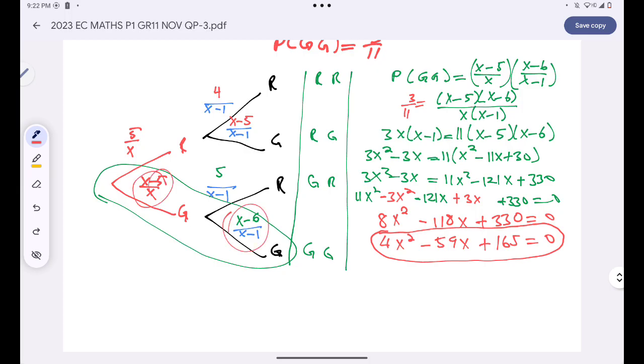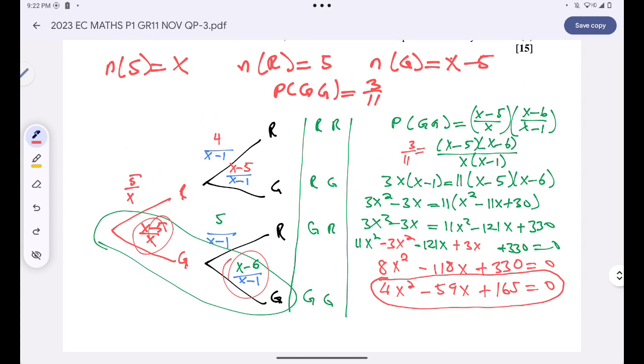But I was given the numerical value, which was 3 over 11, and from this point, it was just pure algebra. Actually, from this point going downwards, it's just pure algebra.